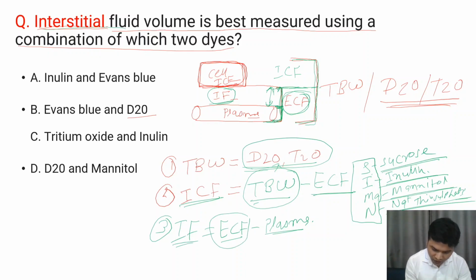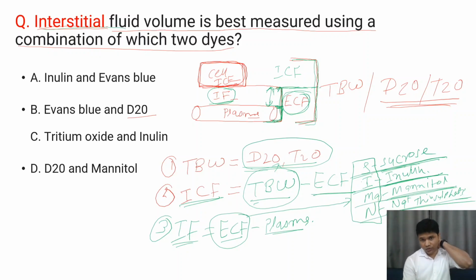For extracellular fluid you can use sucrose, inulin, mannitol, and sodium thiosulfate. SIMON is the code word: S for sucrose, I for inulin, M for mannitol, and N for sodium thiosulfate. What will we use for plasma? How will you calculate the plasma volume?